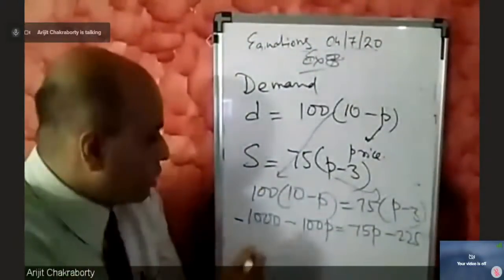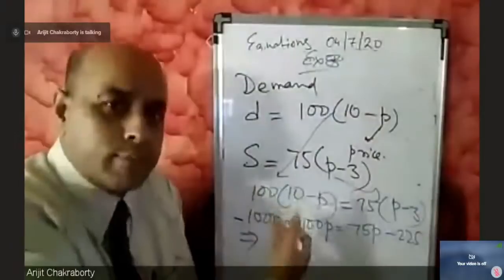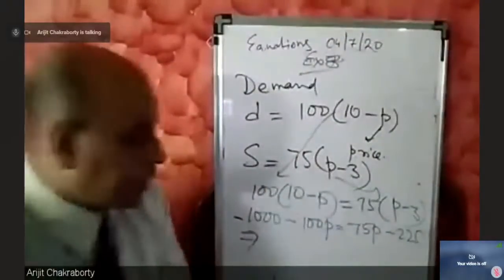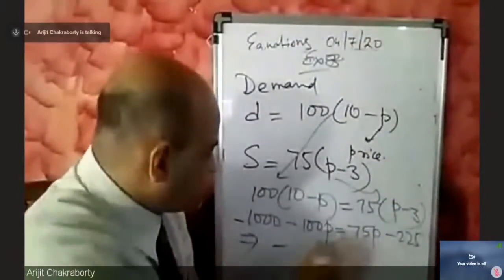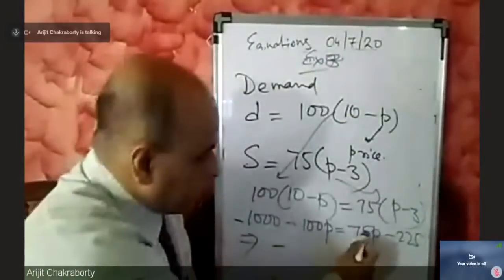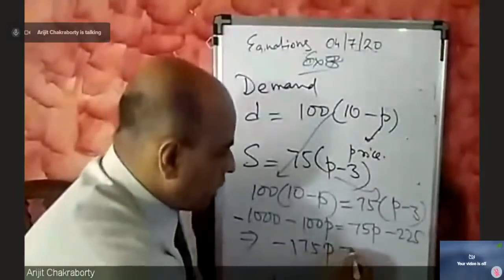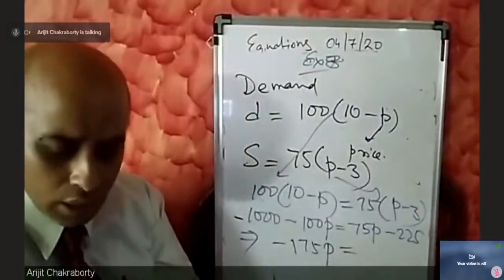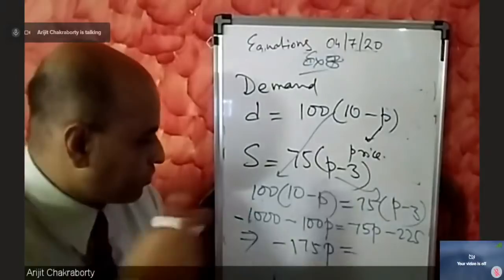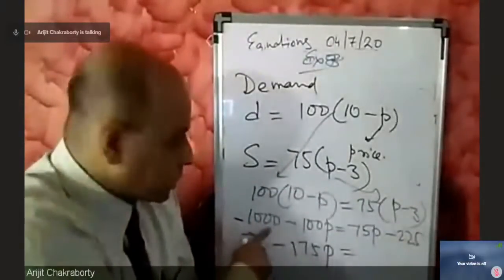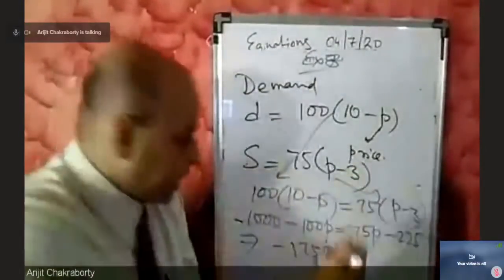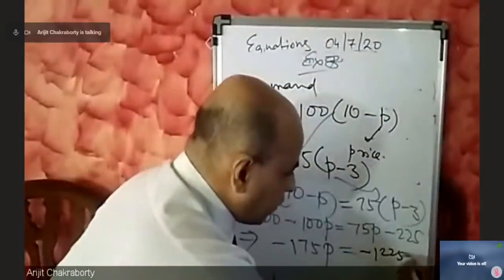Fine. So by simplifying it, we get minus 175. This minus 100, this 75 comes to the left hand side. Minus 175P is equal to minus 1225. This 1000, which is positive, goes to the right hand side. It becomes negative. So we get minus 1225.